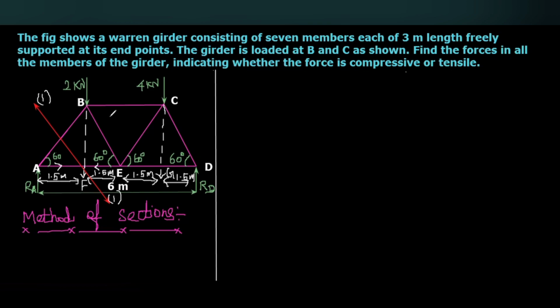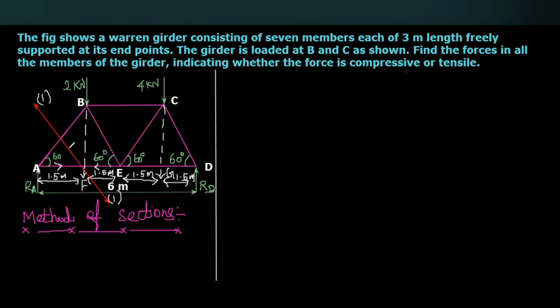The point loads acting other than in the considered portion, we don't want to consider for the calculation. Only the point loads acting in the considered portion, and the members which are cut by the section line, the forces in those particular members we have to consider. This is the consideration.